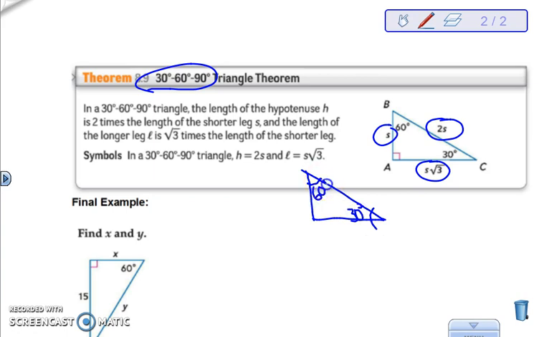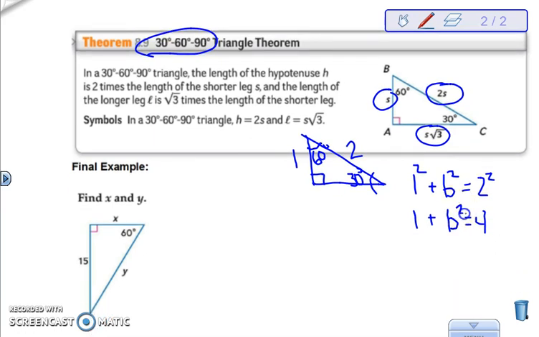So if I have my triangle like this, and I want to boil this down to a simple base triangle, I can say that the shortest leg is 1, the hypotenuse is double, and then from Pythagorean theorem, 1 squared plus b squared equals 2 squared. 1 plus b squared equals 4.